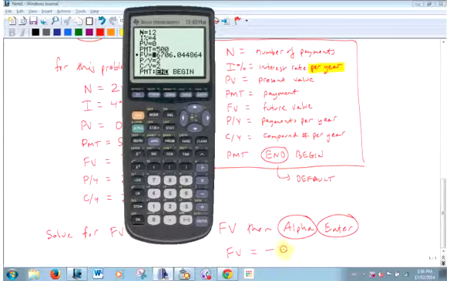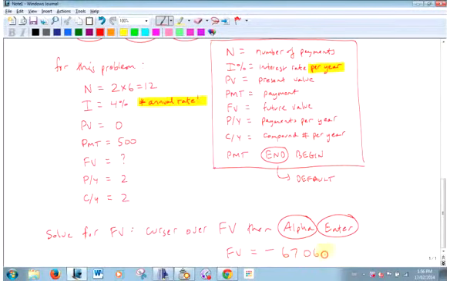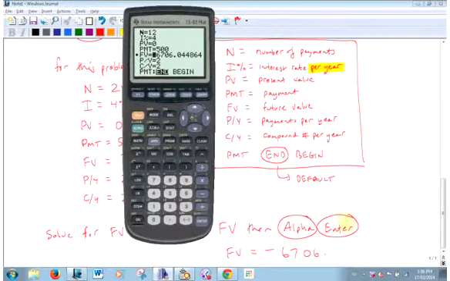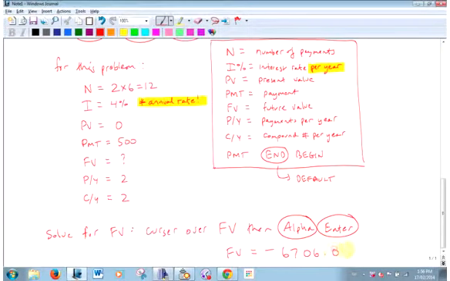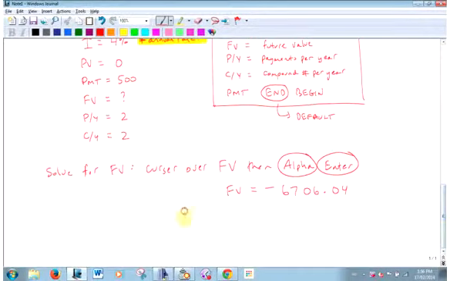Okay, so minus 6.7, I'll explain that minus in a sec here. And this is money, so we want to round it, 0.04 cents, unless you're a bank. Okay, so that's how much you got, 6,706 back.